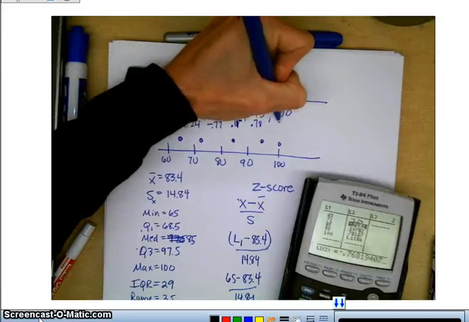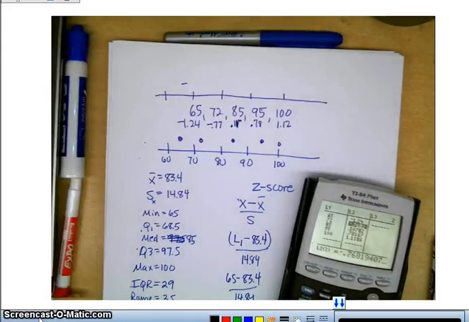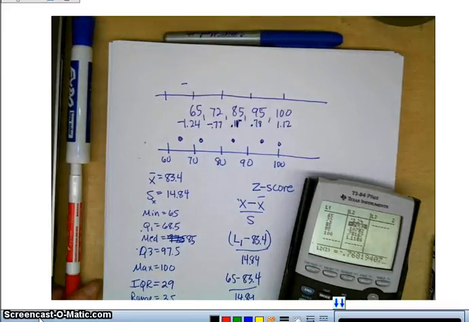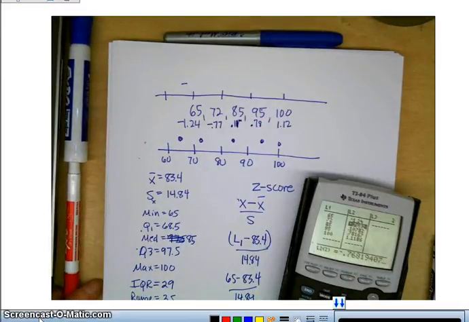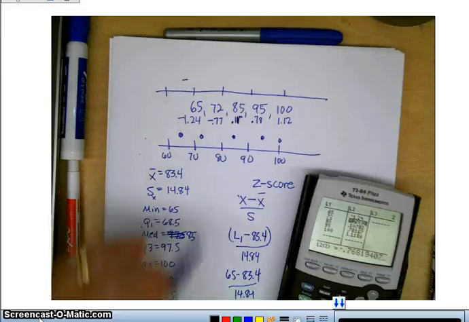And 100 is a z-score of 1.12. So the z-score, remember, is how far they are above the mean. Okay? So now what I've done with this set of data, I have changed it.